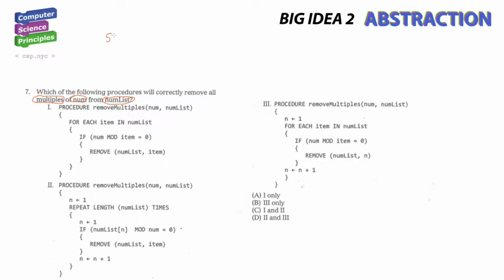If we look at the number 5 and we look for multiples, we've got to be careful we don't confuse this with factors, because these are in fact multiples. So if we had a list such as 1, 2, 10, I don't know, 15, and we need to remove all multiples of this number from this list, we would want to remove the 10 and we'd want to remove the 15.